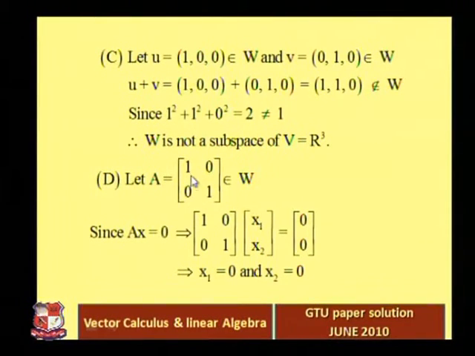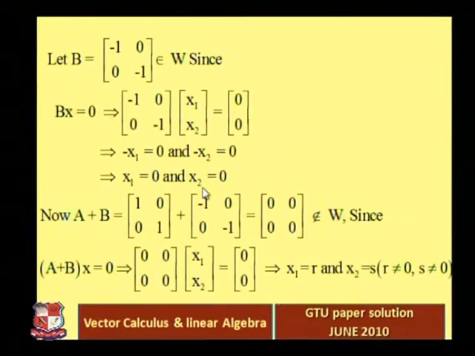Here is the example, take (1 0; 0 1) belongs to W. Why does this matrix belong to W? Here is the reason. Let's take Ax is equal to 0. So that means (1 0; 0 1) into (x1, x2). Let x is equal to (x1, x2), that is equal to (0, 0), right. So you will get x1 is equal to 0 and x2 is equal to 0. So that's why x is equal to 0. So that's why A belongs to W.